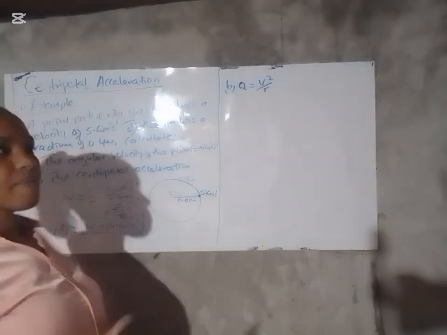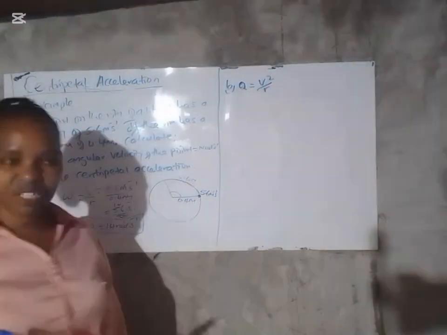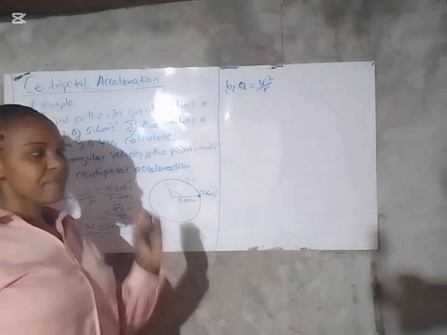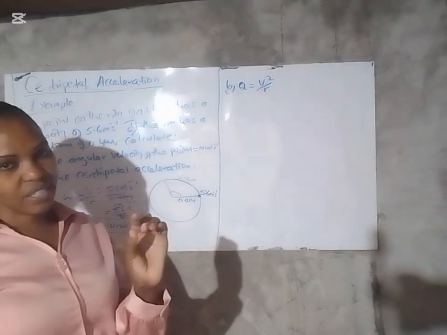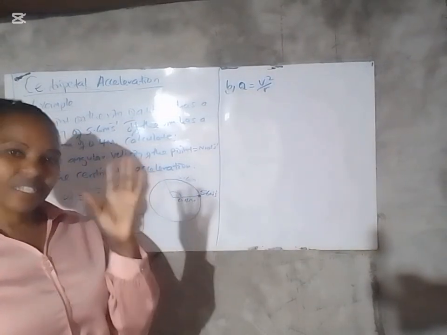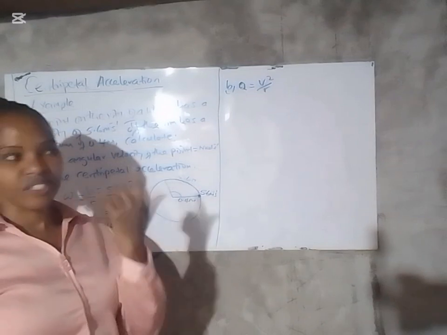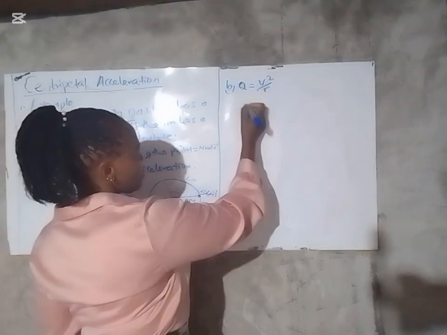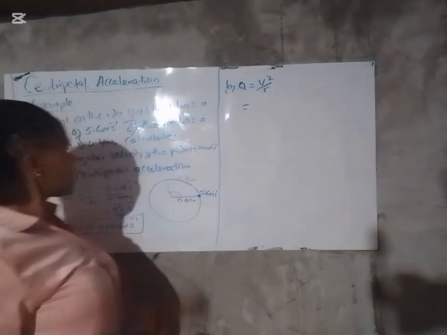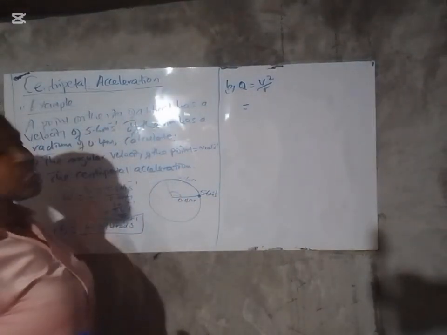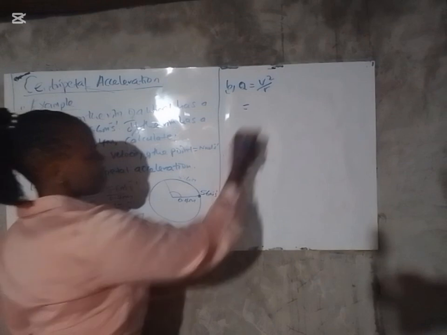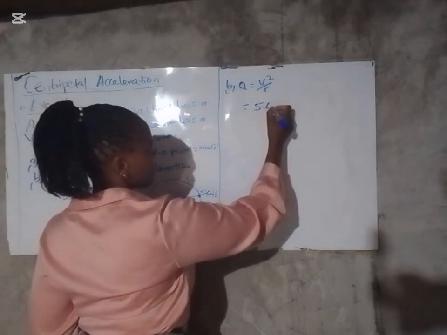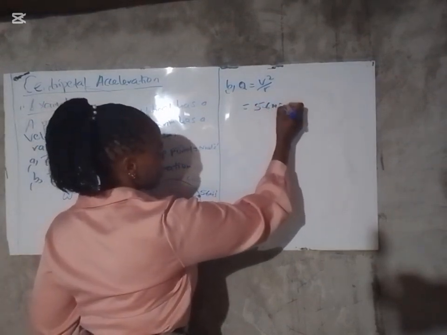And I also said, remember always, even as we are talking about v squared over r, that v is not constant, so it should be s squared over r, where s is the linear speed. So it is equal to what now?